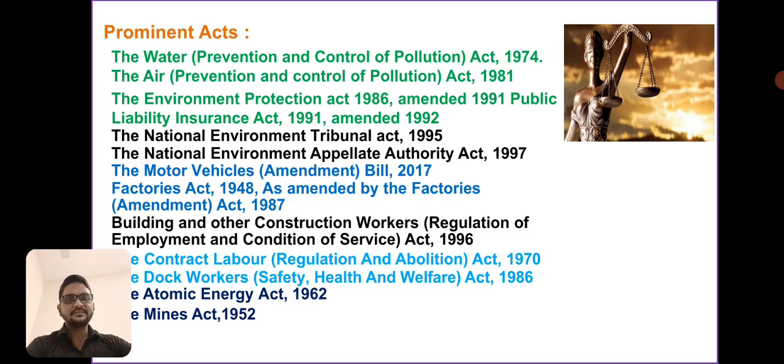Next are the National Environmental Tribunal Act, the National Environmental Appellate Authority Act, the Motor Vehicles Act, and the Building and Other Construction Workers Employment and Conditions of Service Act. Next are the Contract Labour Act, the Dock Workers Act, the Atomic Energy Act, and the Mines Act. These are the prominent acts.